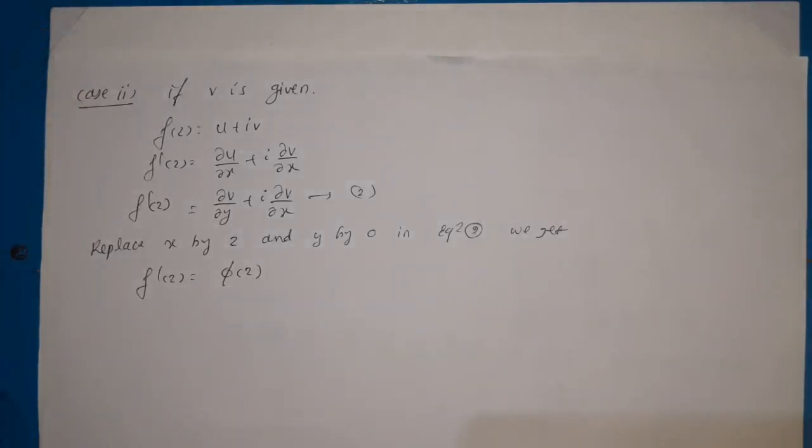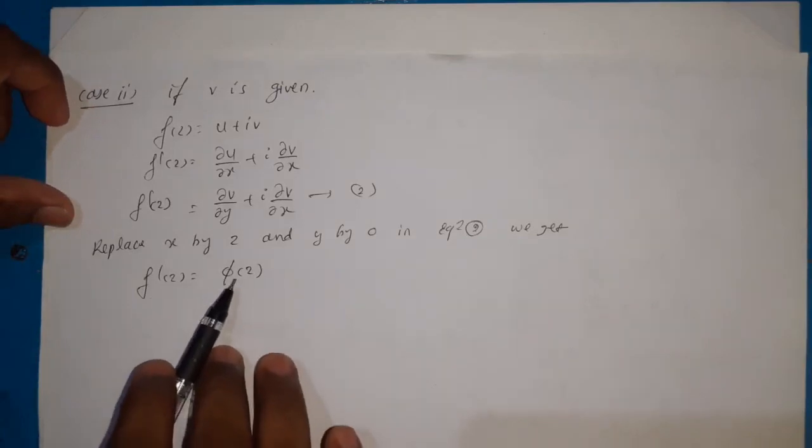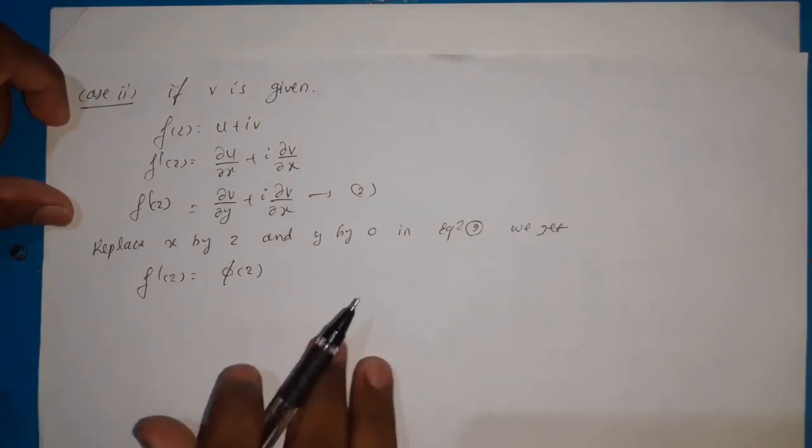After replacing x by z and y by 0, that second equation becomes a complete function of z, independent of x and y, because x is replaced by z and y is replaced by 0. So now f dash of z is a function of the variable z only.